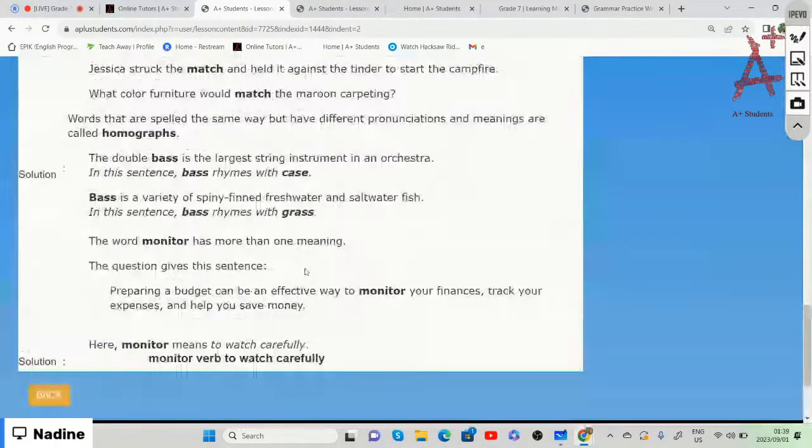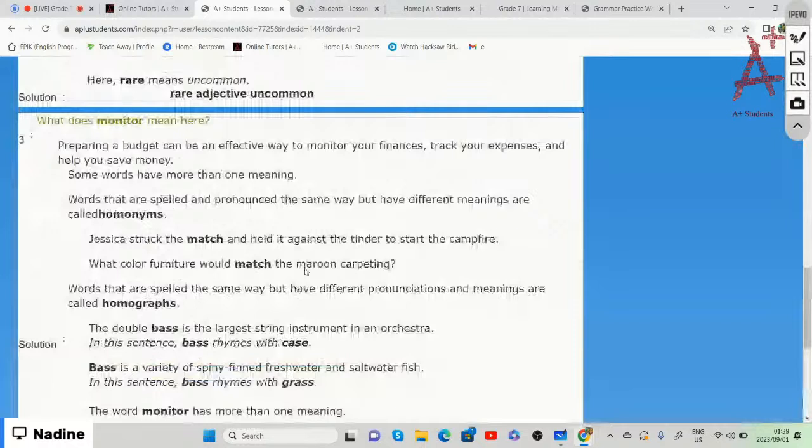So the next one is, what does monitor mean?